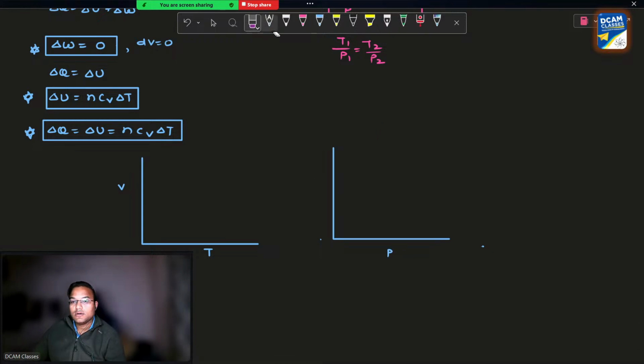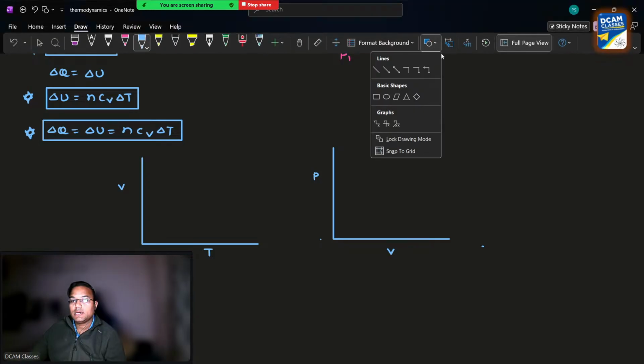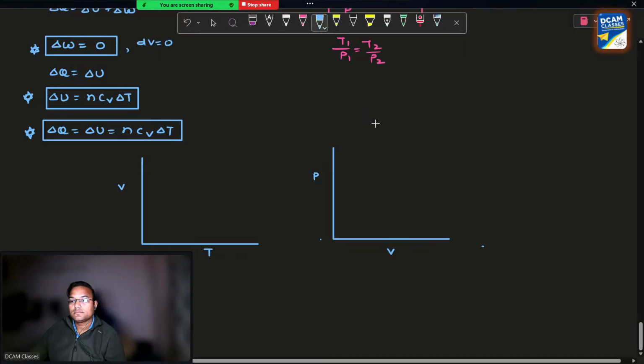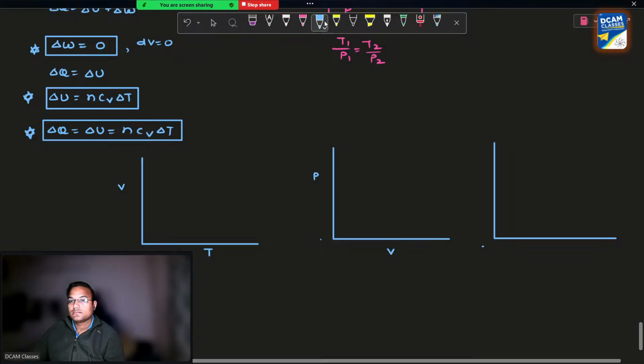No, I'll draw PV graph because that's standard one. PV graph, and the third one is PT graph. Tell me, what should be the first graph?